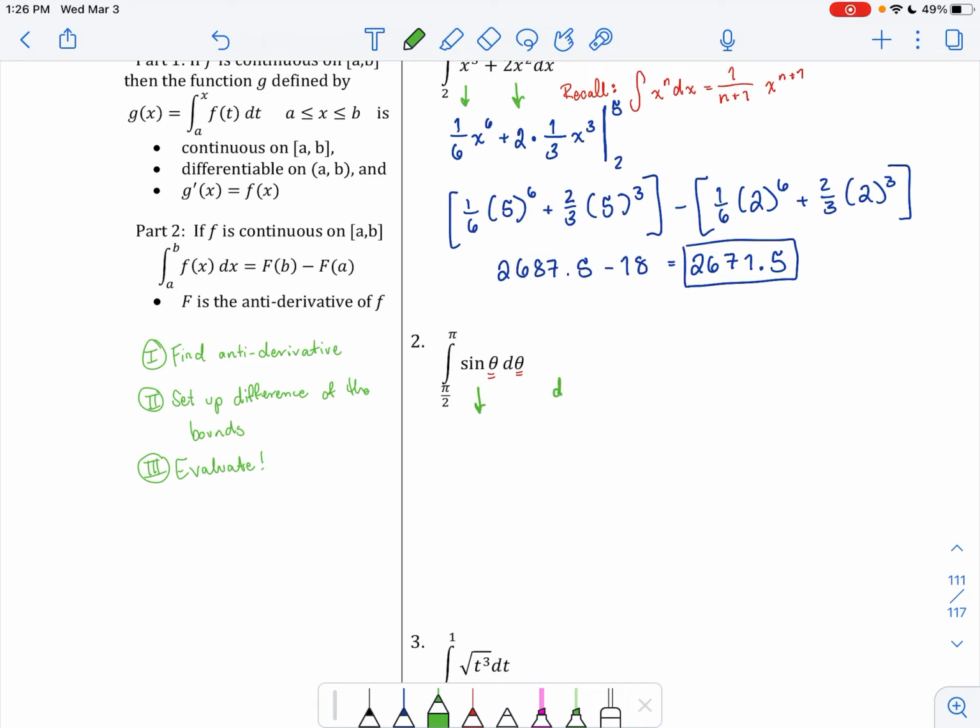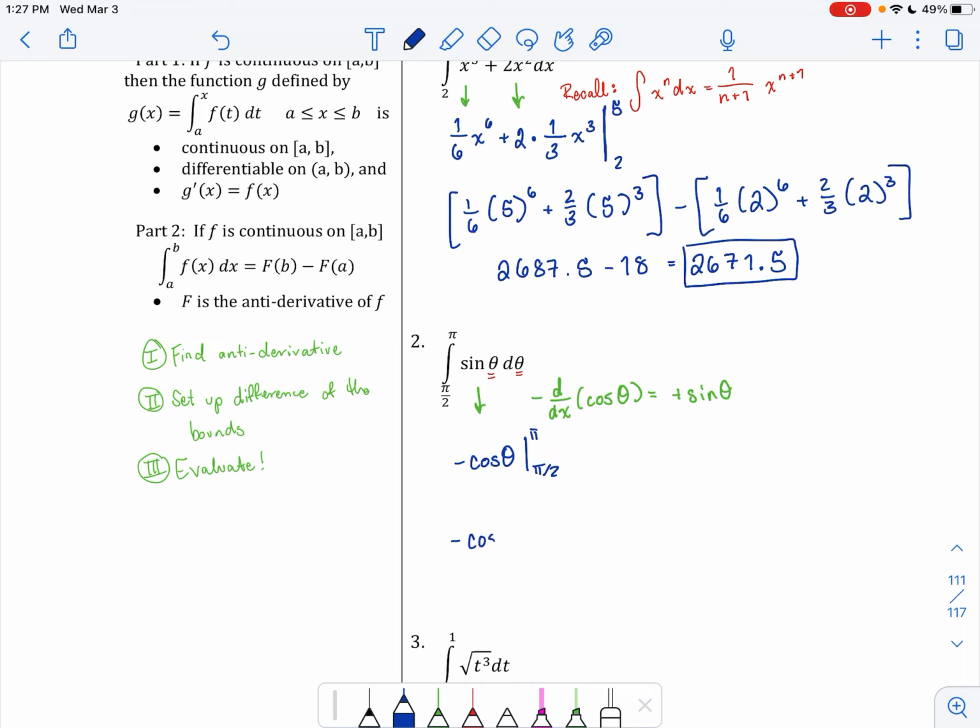Now, if you remember, d dx of cosine of theta is equal to negative sine theta. Since we have positive sine theta here, that means the negative has to be on the other side. So then the antiderivative here is negative cosine of theta, and then the bounds are pi over 2 to pi.